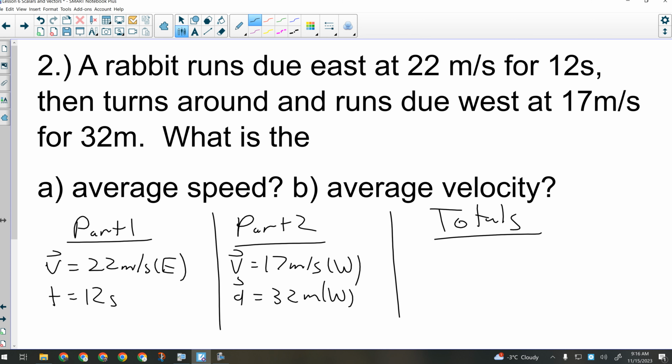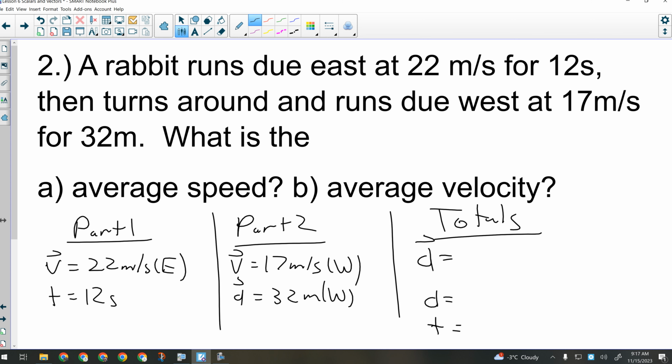Okay, so I need the total displacement, I need the total distance, and I need total time.